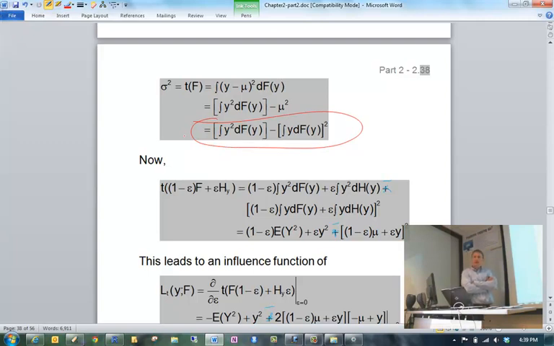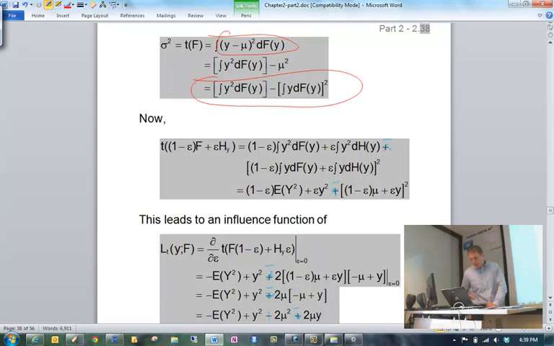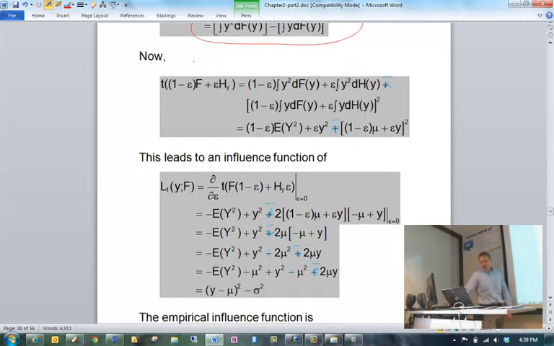The reason why I do that is because it's easier to work with it in this form than in this form when you're trying to find the influence function. Please note that there are some small typos. I hope you can see that. These plus signs should be minus signs.